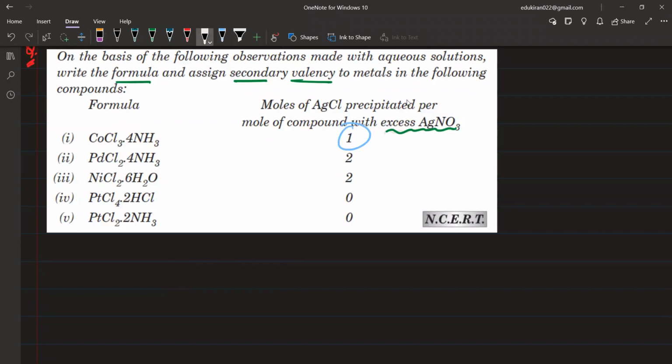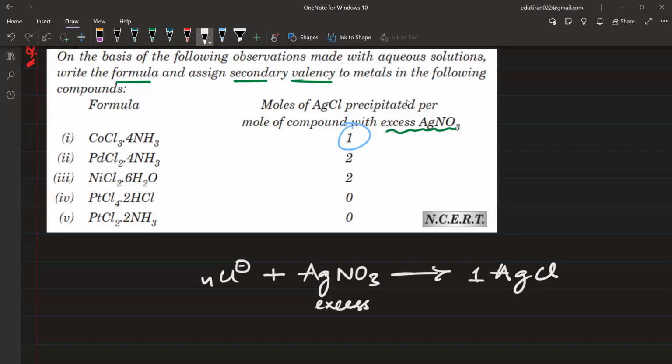You have some number of Cl negative independent, and you are adding AgNO3, which is in excess. In the first case, you are getting 1 mole of AgCl. That means how many chloride ions will be there? What will be this N?